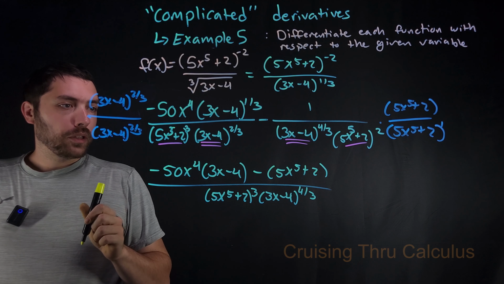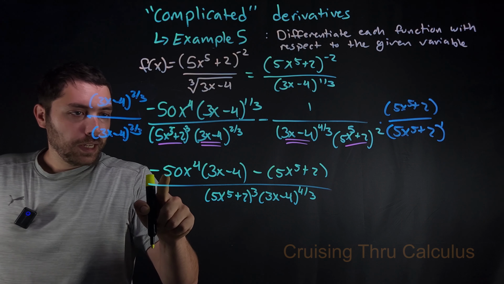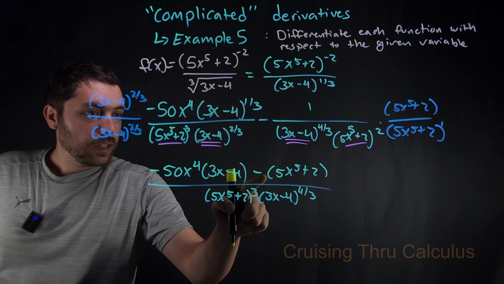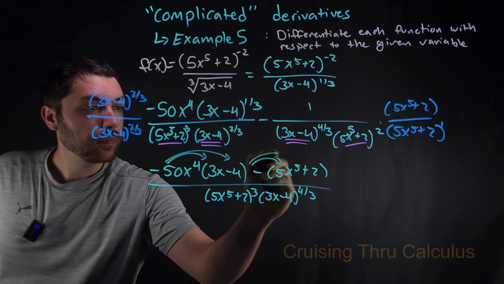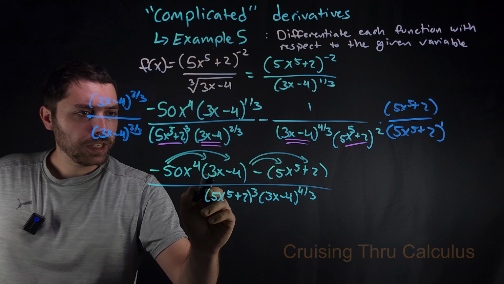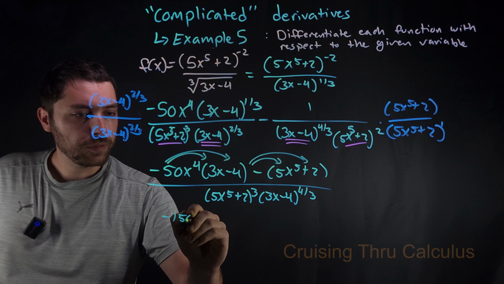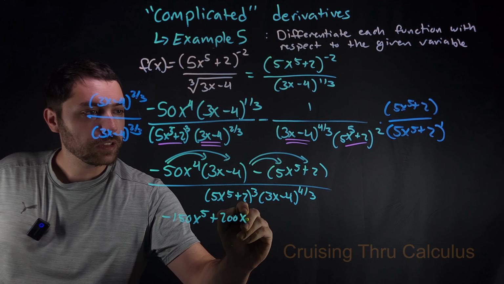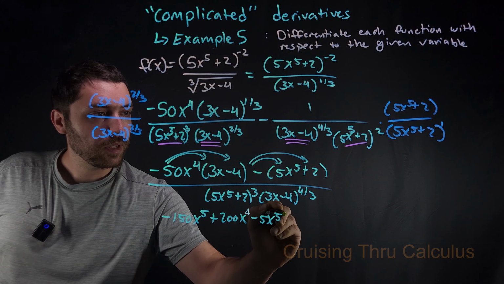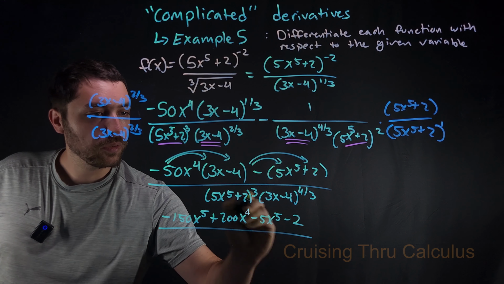All right, we're getting very close to being done here. Let's go ahead and take this and this, actually, and let's distribute here. Okay, so negative 50x to the 4th times 3x is negative 150x to the 5th, plus, that'll be 200x, minus 5x to the 5th minus 2 all over the denominator.